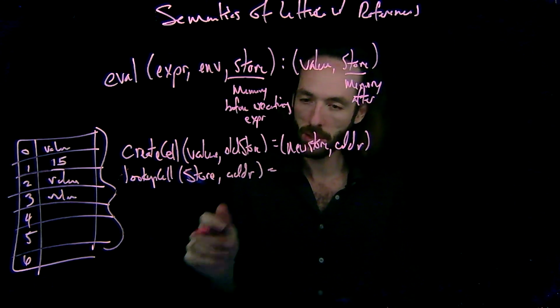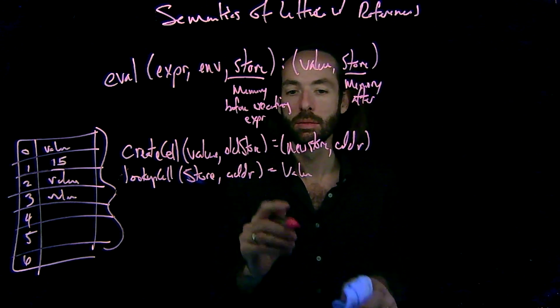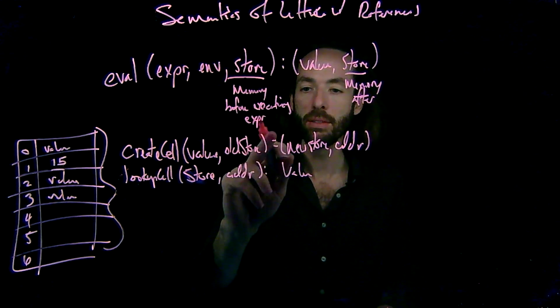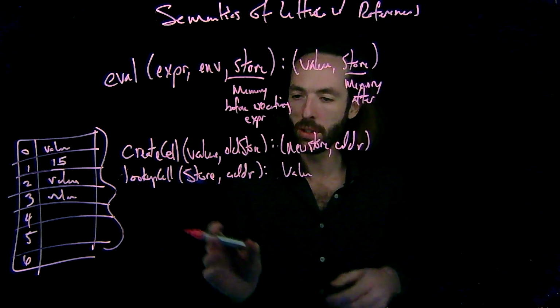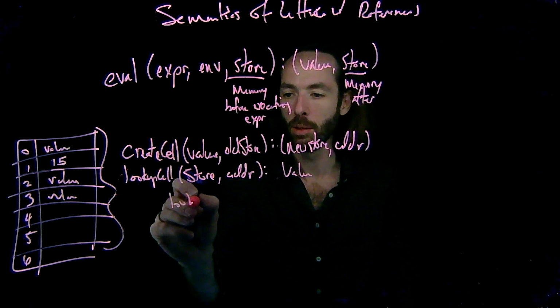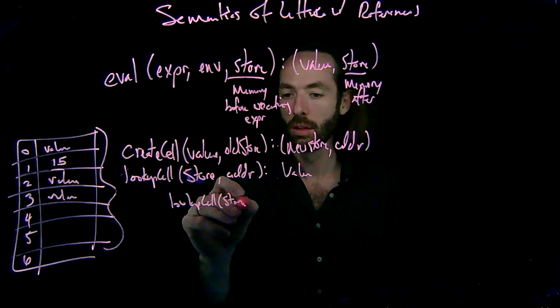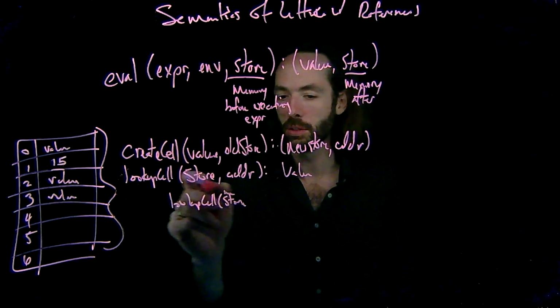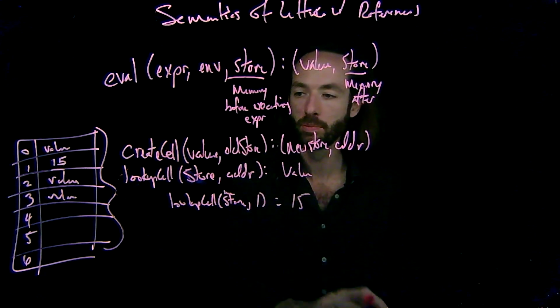And it should return the value that is in that address. This is not modifying the store, so we don't need to return any store from that. But we do want to be able to look up elements. I want to be able to say, look up cell in my new store at location 1, and I should get 15 out.